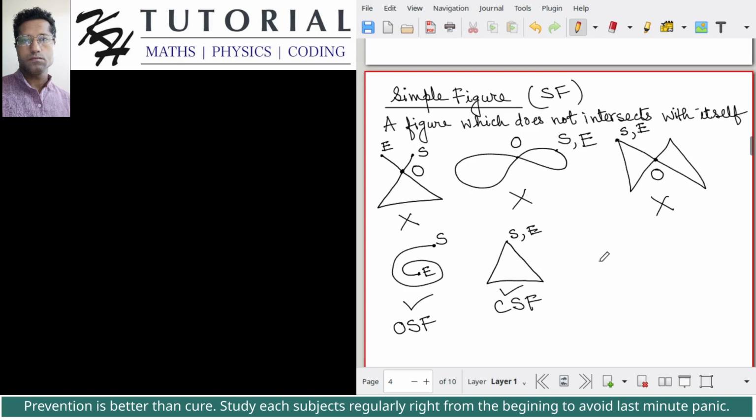Some more examples. Let's say, this is the starting and end point, and as you can see, at no point does the figure intersect with itself. So this is a closed simple figure.